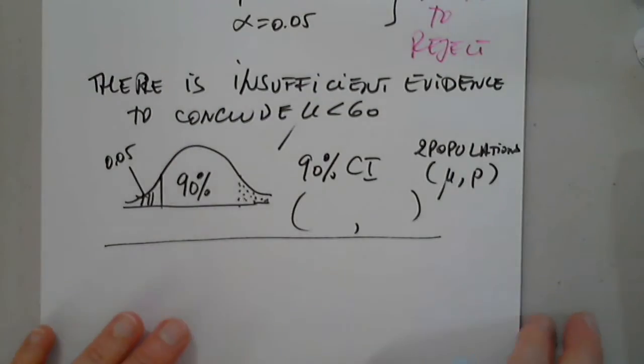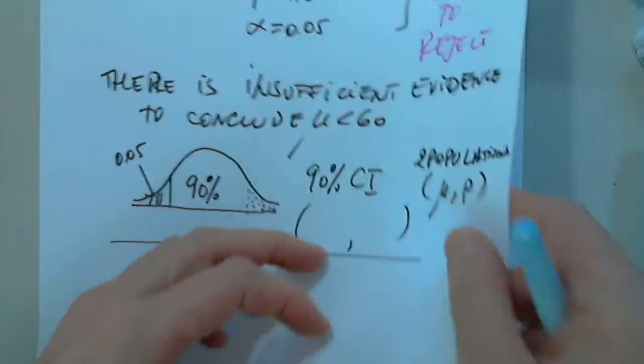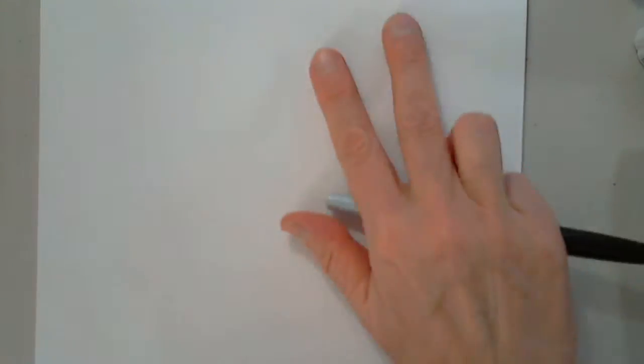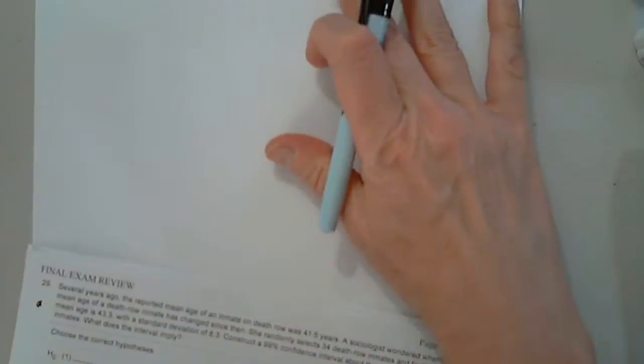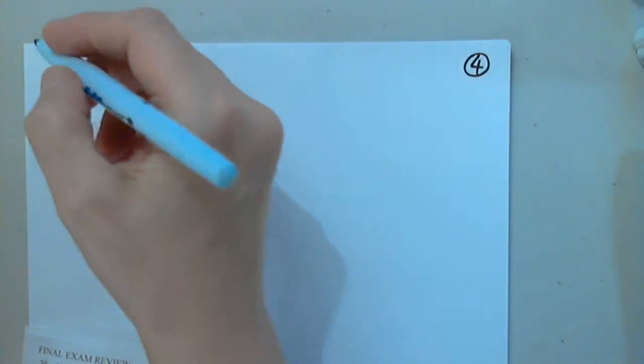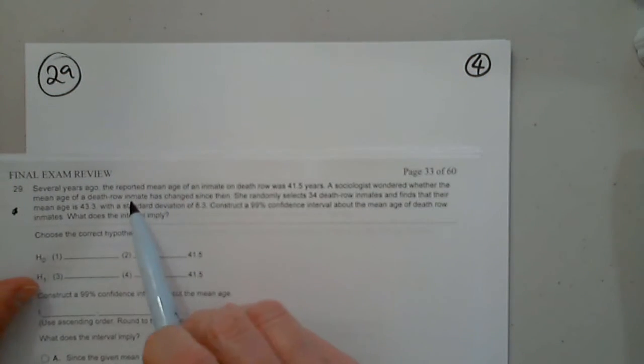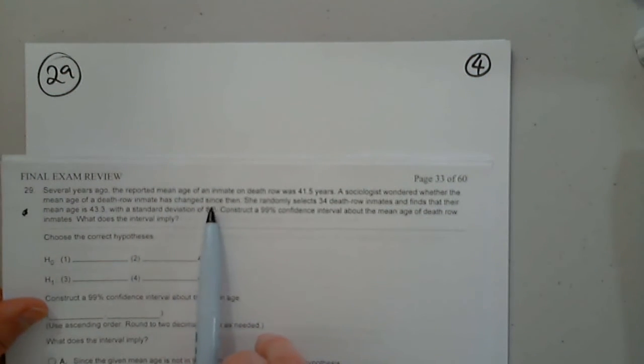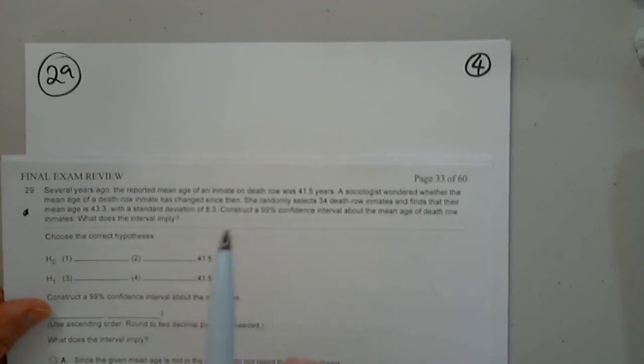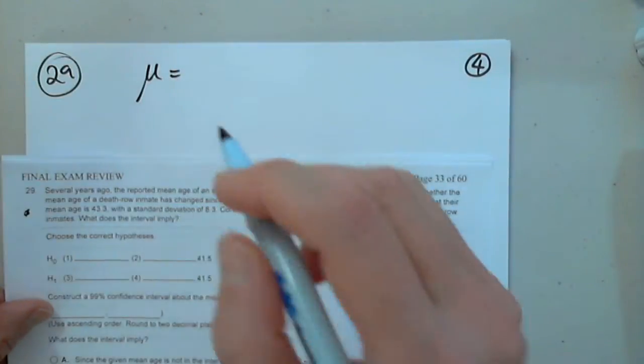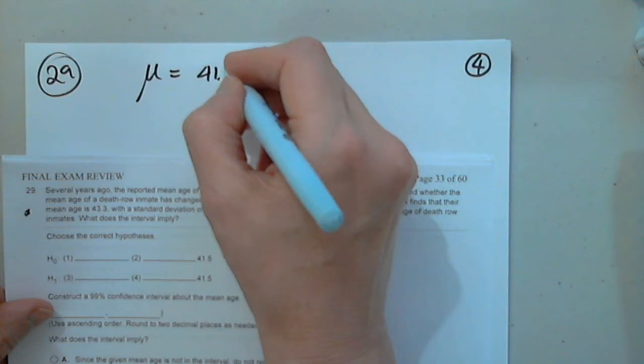So this is problem 29. Let me go to the next page. So let's take a look. And this is 29 from the review. Several years ago, the reported mean age of an inmate on death row was 41.5 years.